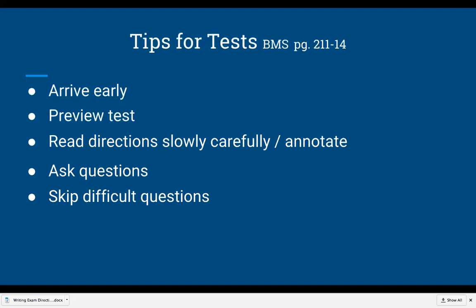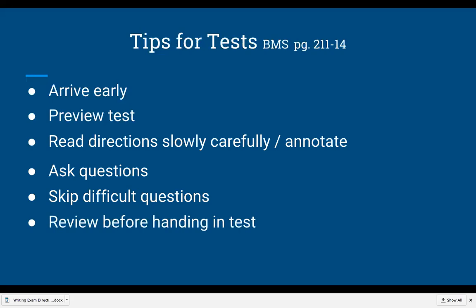And that's when the real test begins. Also, you may find answers to some more challenging questions just by doing the easier ones first. Sometimes there's information that is in those easier questions that will be helpful for you in the challenging ones.